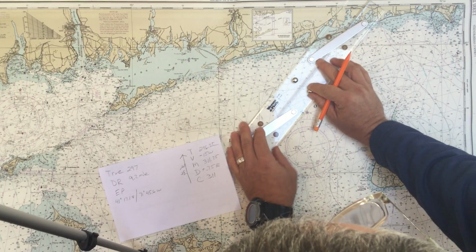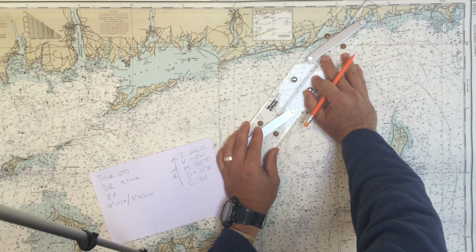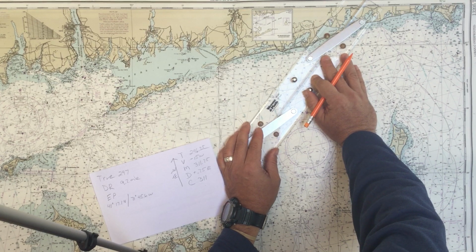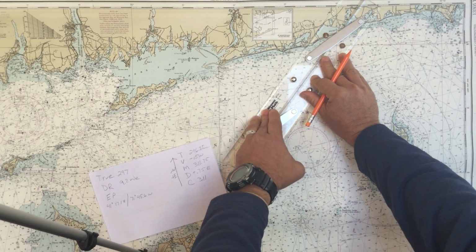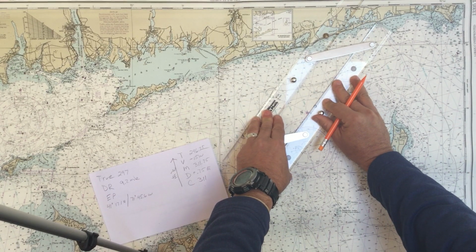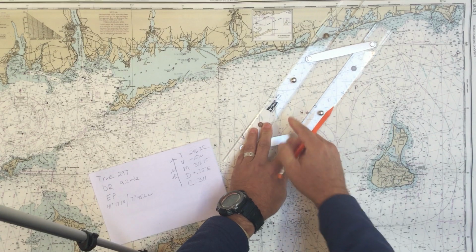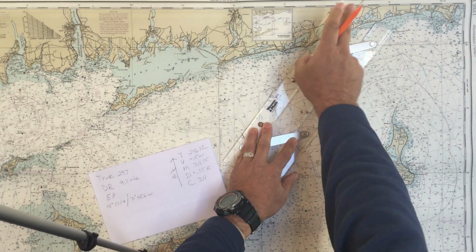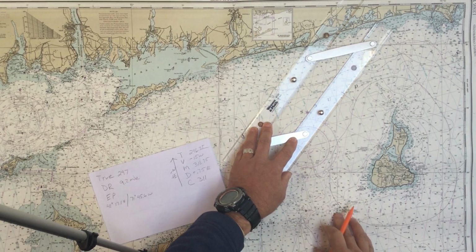Okay, so all I need to do is go between those 2 points. Okay, try to line them up as accurately as you can. Okay, you can see how a little bit of wiggle will yield you a different answer. So I'm going to come down to my hash mark. Okay, and again, the current is pushing me from the line to the north. So I'm going to read the northerly side of the compass.